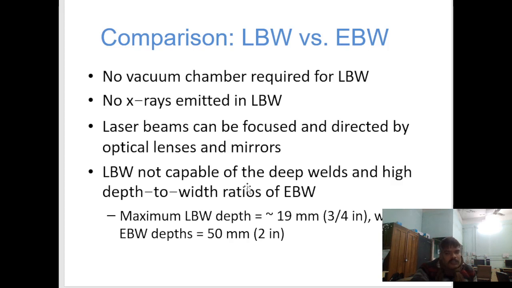Laser beam can be focused and directed by optical lens and mirror. Laser beam welding is not capable of deep welds and high depth-to-width ratio: maximum laser beam welding depth is 19 mm, whereas EBW is 50 mm. Deep weld and high depth-to-width ratio. This is the comparison.